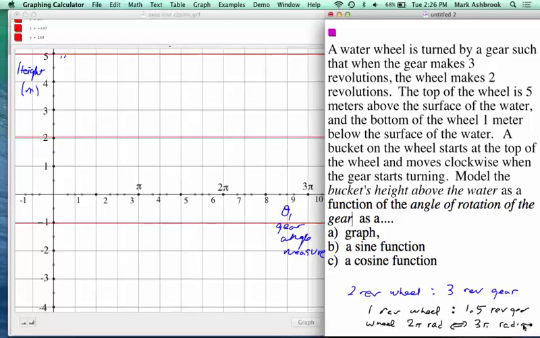Did you agree with that? And our gear angle is our input. So what's the interval of input that gives a full cycle of output? What's the interval of the gear angle that gives us a full cycle for the wheel? 3 pi.